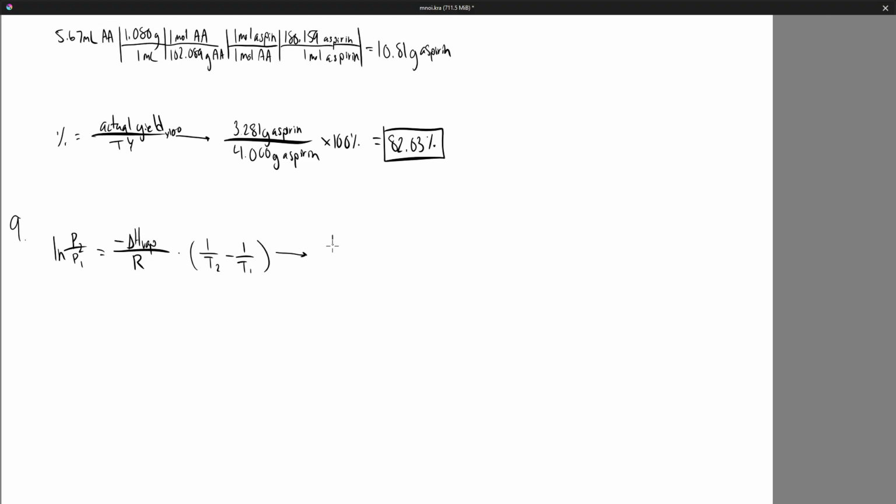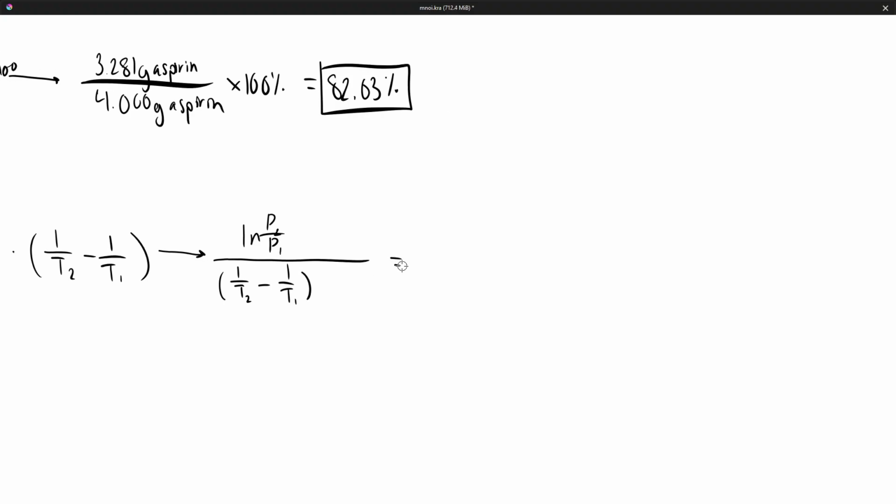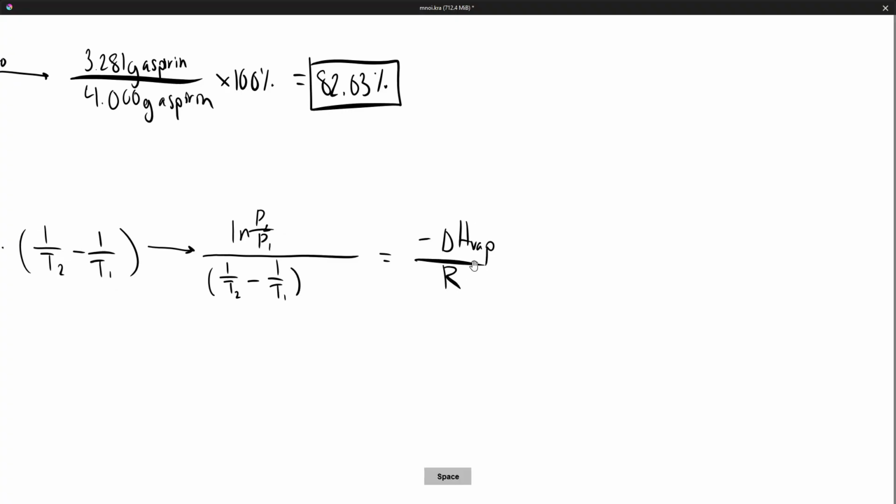So it'll be like this. Natural log of P2 over P1. Let me zoom in real quick. Divided by the inverse change in temperature equals the negative heat of vaporization over R.